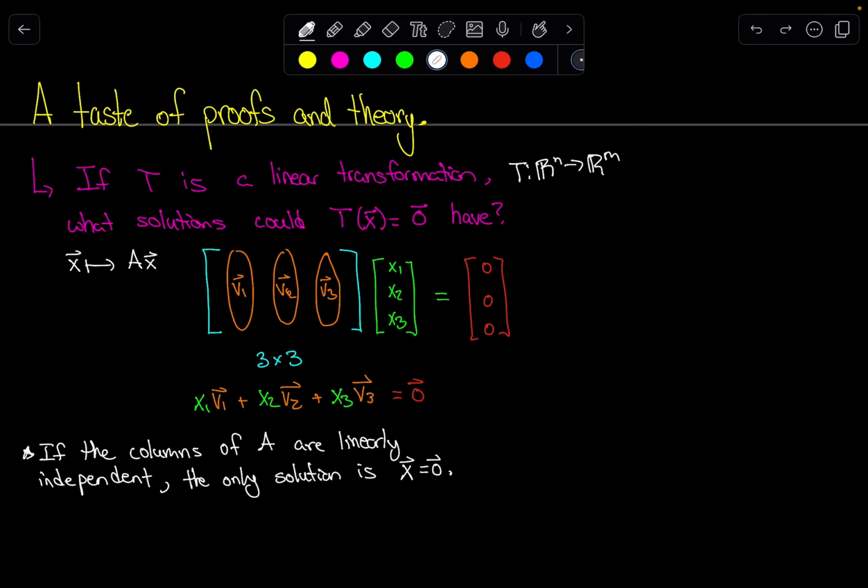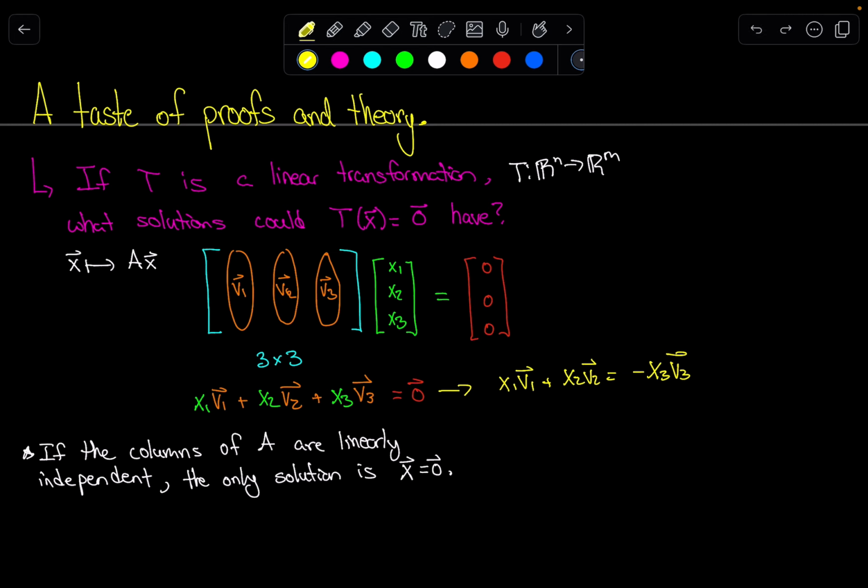If that's a little weird, I could take this equation and rewrite it as x1 v1 plus x2 v2 is equal to negative x3 v3, and you could relabel that as a new coefficient. Asking whether we can add these vectors up in some way to get the zero vector is the same as asking, can I combine two of these vectors to give me some multiple of the third one?